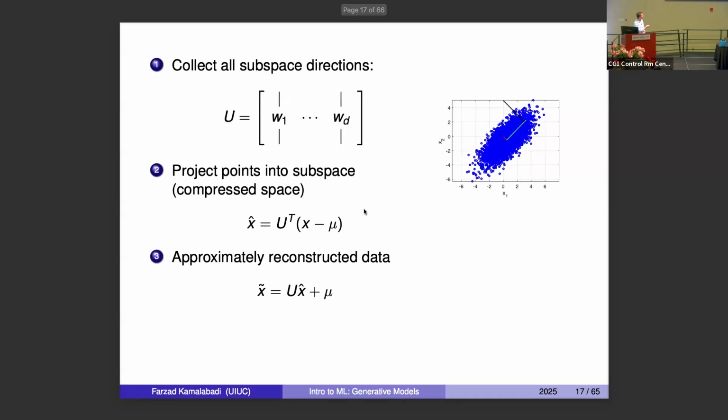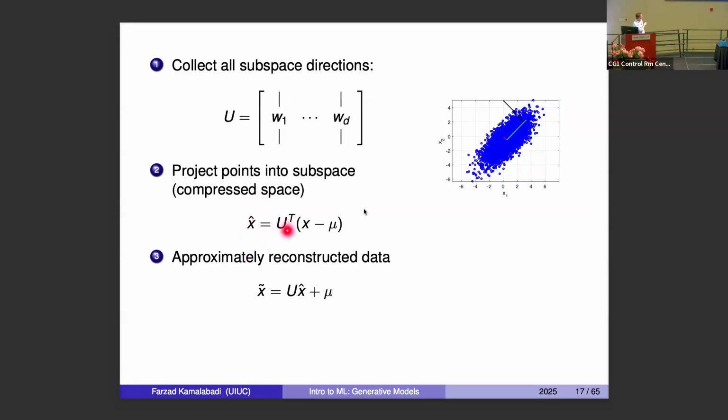Yeah, you go in the reverse direction, which means you collect all subspace directions. Remember, we found the subspaces with the largest variance. You collect all of those subspaces. These are the different eigenvectors, right? Each one of them corresponds to that direction. W1 corresponds to the direction of largest variance, W2 the second largest direction of variance. And so we project points into that subspace, into that compressed space.